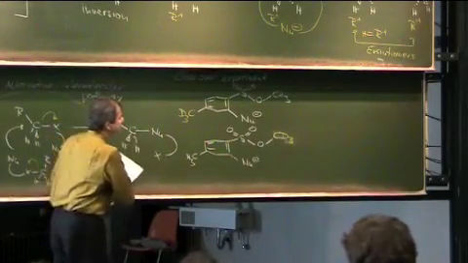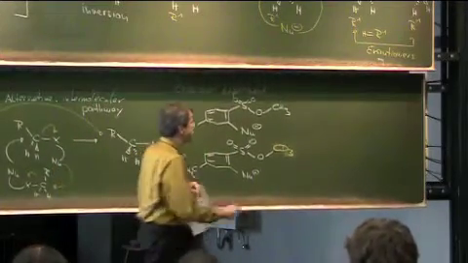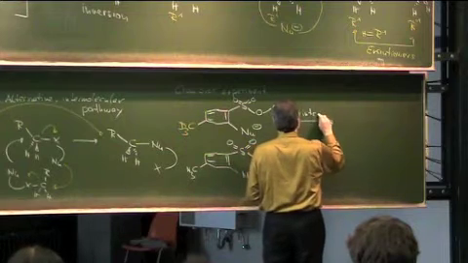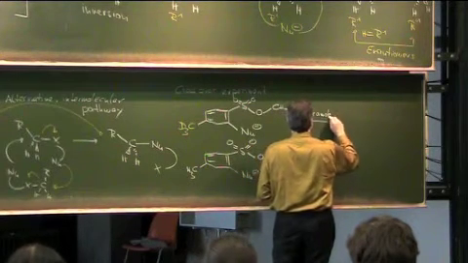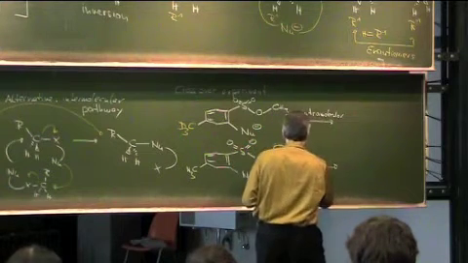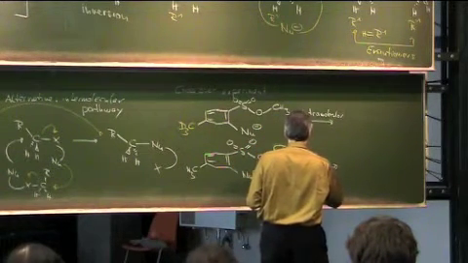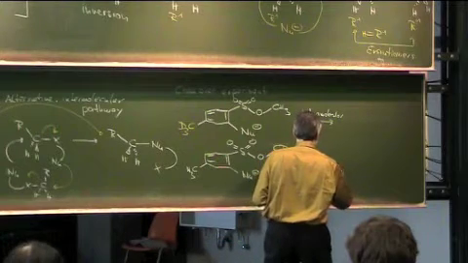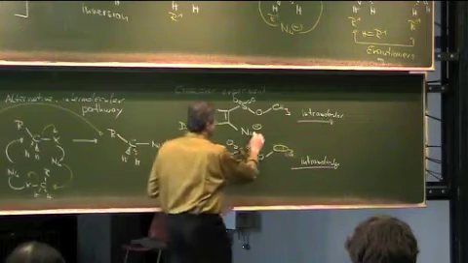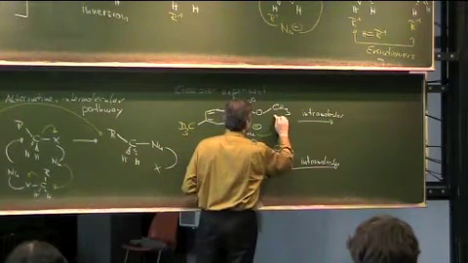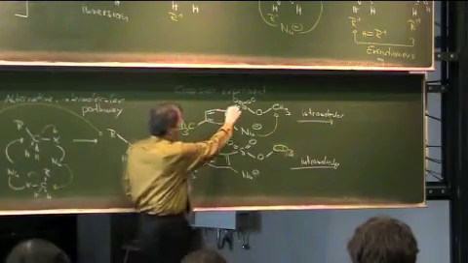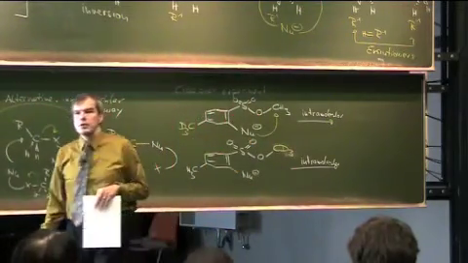And so if the reaction proceeds intramolecular, so the idea here is that the nucleophile is attacking the methyl group, and what you have here is an extremely good leaving group.